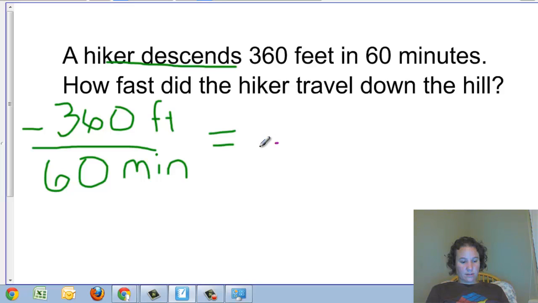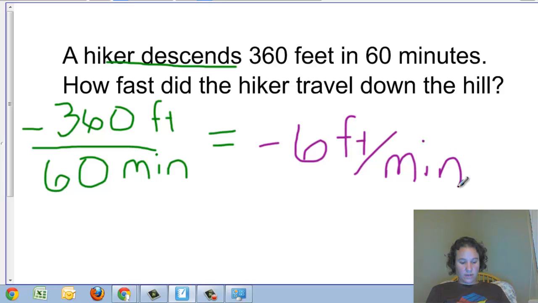So I know that my quotient here is going to be negative because my signs are different. And then I just need to do 360 divided by 60. So 360 divided by 60 is the same as 36 divided by 6, which is 6. So we went negative 6 feet per 1 minute. So my speed is negative 6 feet per minute.